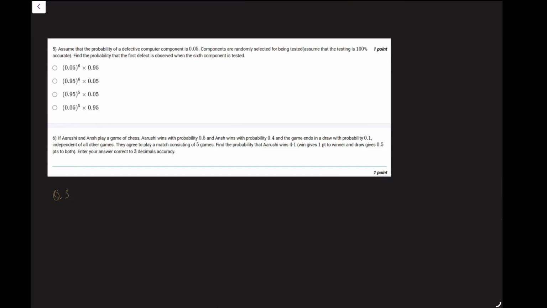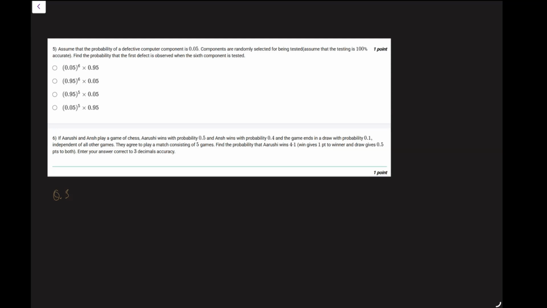Now, assume that the probability of a defective computer component is 0.05. Components are randomly selected for being tested. Assume that the testing is 100% accurate. Find the probability that the first defect is observed when the sixth component is tested. This is the same question that we got prior in the geometric series.